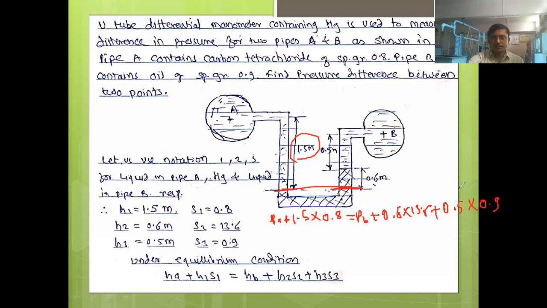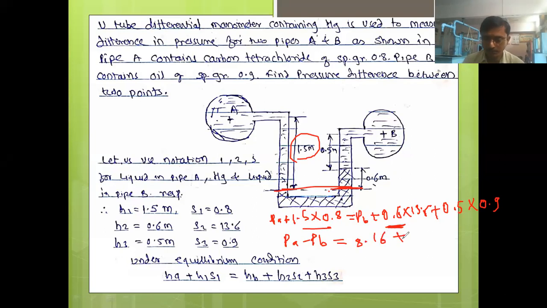I will take PB on the LHS, so PA minus PB, and take these values on the RHS. Directly you can do the calculation, or one by one I will solve it to avoid your confusion. 0.6 into 13.6 gives 8.16.